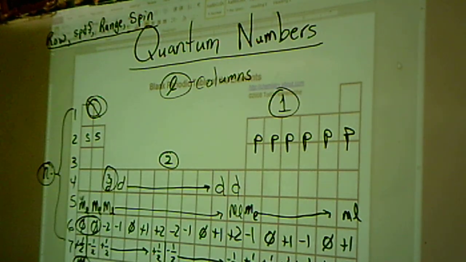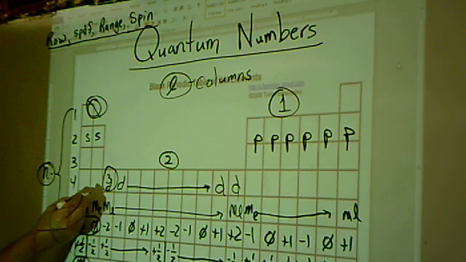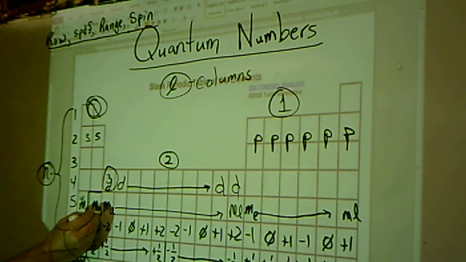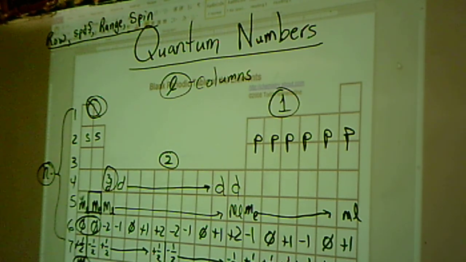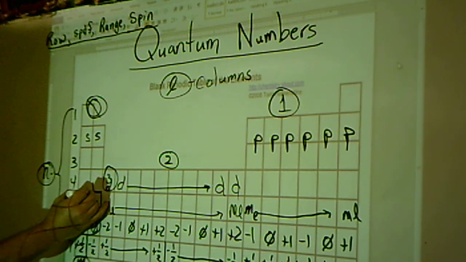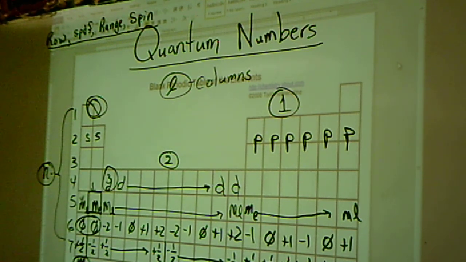Let's say I want to do the element that's located here. Again, it really doesn't make a difference what the element is. I believe that one is barium, but it really doesn't matter. It's just going to be your element that's located here. If you go through the set of quantum numbers, it's in the 5th row.